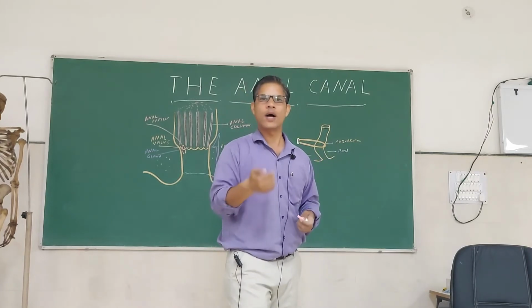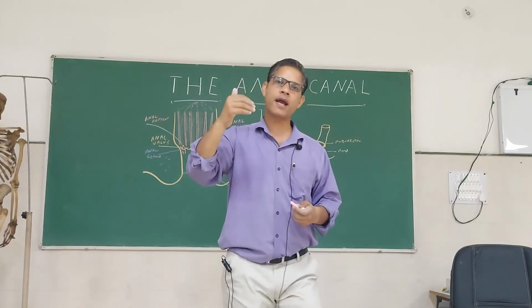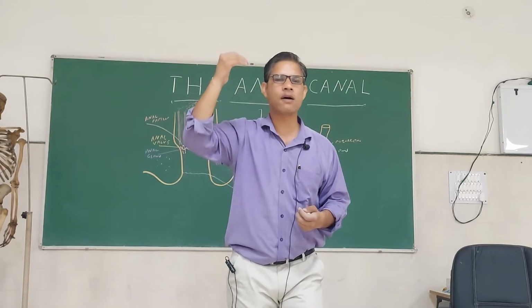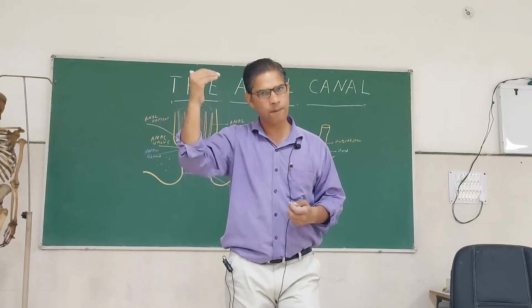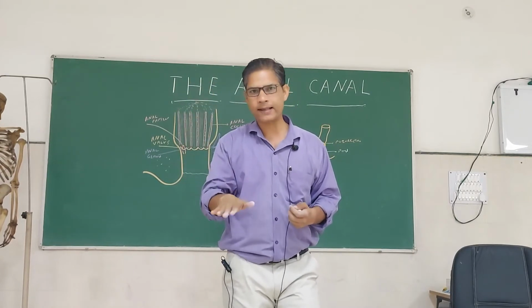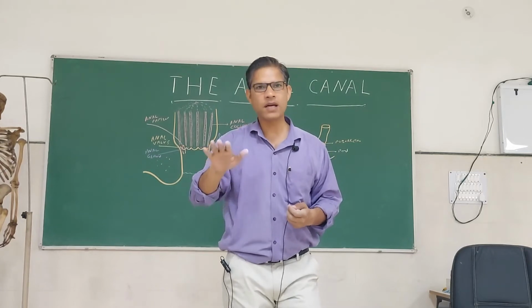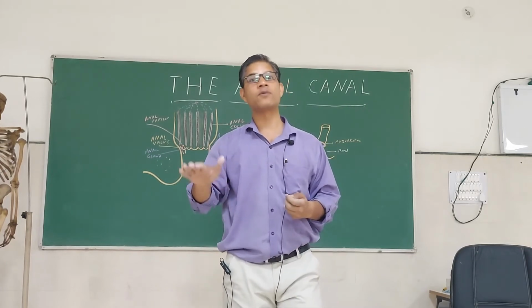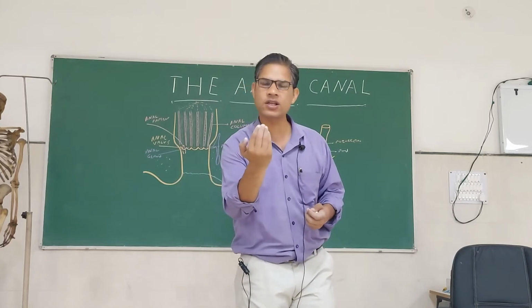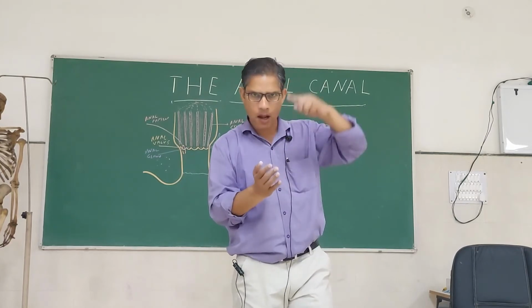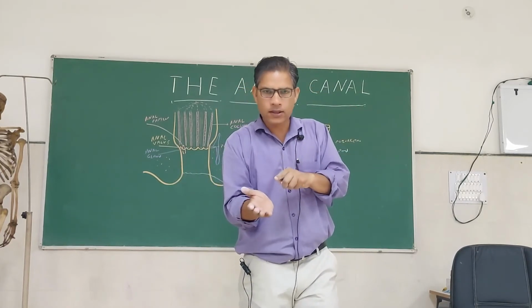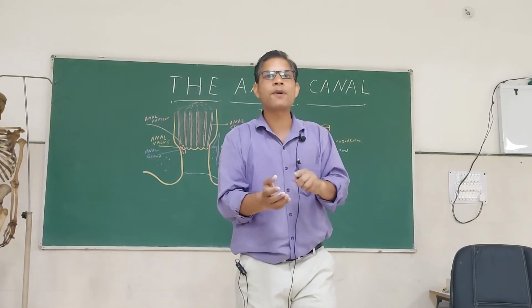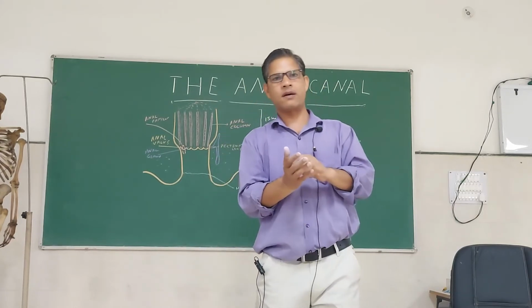So one thing is clear: above the pectinate line, the developing gut forms the upper 15 mm. Below the pectinate line, the intermediate or lower part is developed from the proctodeum, that is an invaginating ectoderm. The upper part is endoderm, below is ectoderm. The upper part is supplied by the autonomic nervous system.